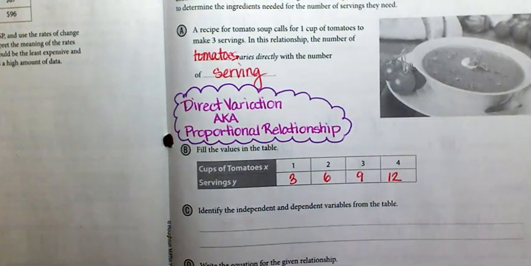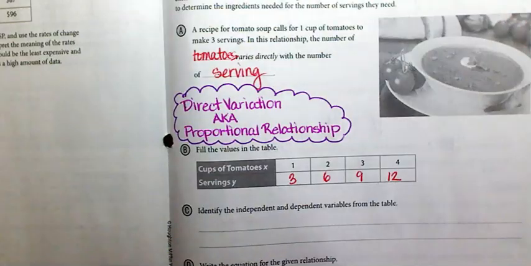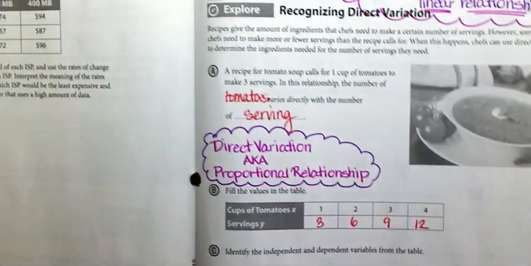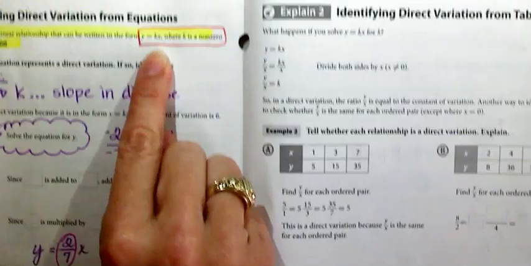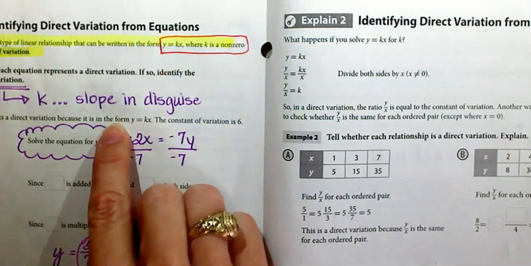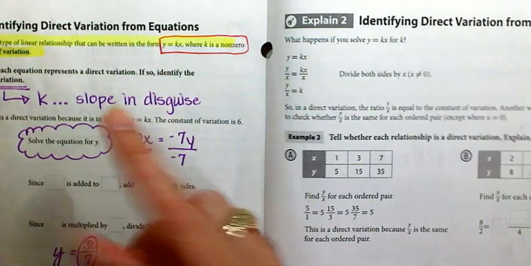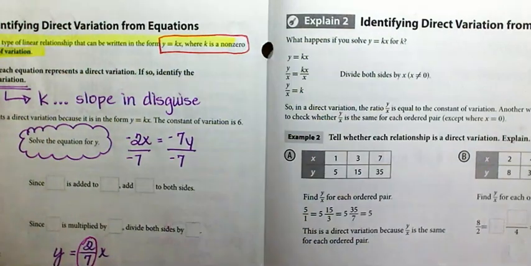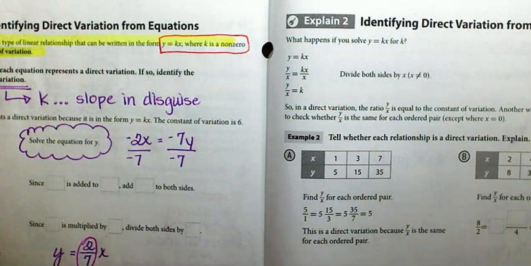So if $12.45 is 5 pounds and you want to know the cost per pound, you can set up a proportion because direct variation is proportional. It follows this format, y equals kx. k is really slope in disguise. We're calling it k for some reason. And the other thing is it's going to run through the origin.